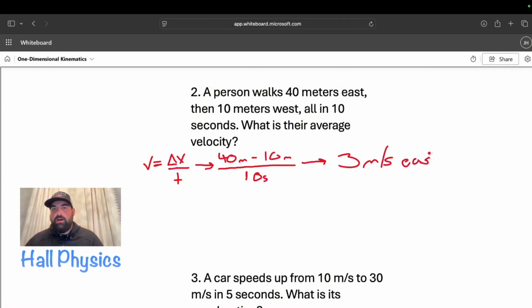Remember, velocity is a vector, so we need to make sure we have magnitude and direction there. All right, so that handles number 2. Moving on to number 3.